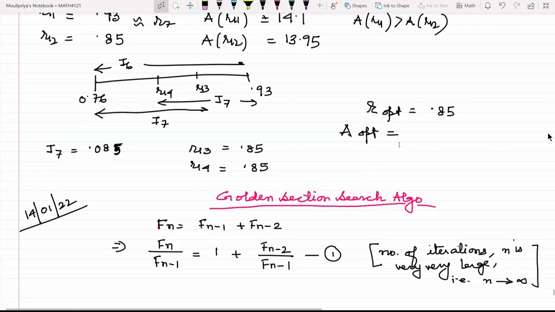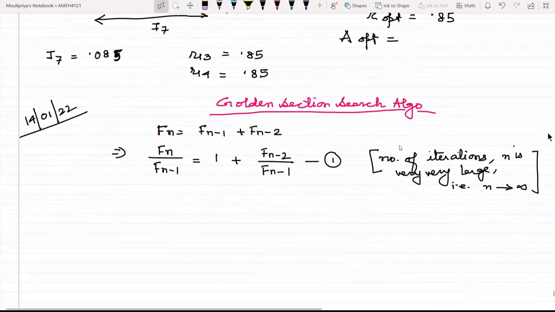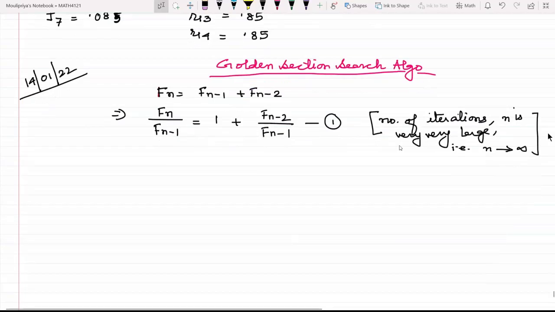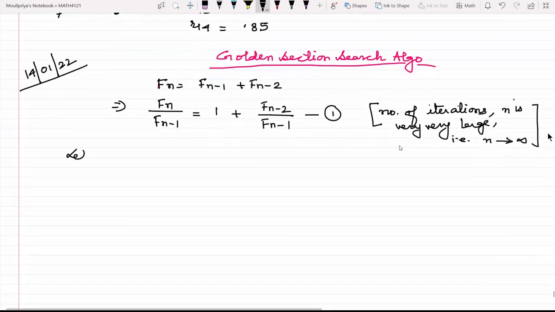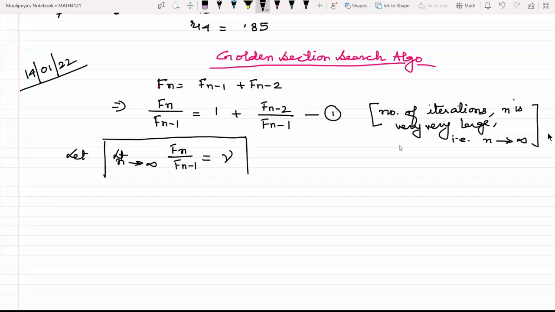Now, let us assume that the limit as n tends towards infinity of Fn by Fn minus 1 is equal to gamma. This ratio, as n tends towards infinity, let this ratio be equal to gamma.